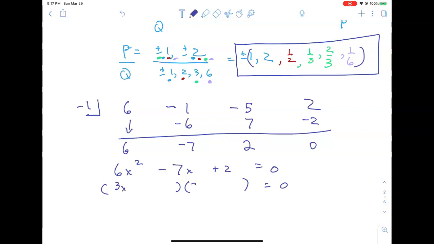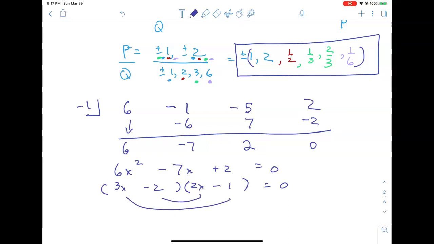Let's see. 3x, 2x. Let's try a -2 and a -1. All right, so if I put a -1 there and -2, does that work? No, that makes -8x. That doesn't work. All right, so we'll try the flip of those two. How about -2 right here, -1 here? Let's see, that makes -3x, -4x.